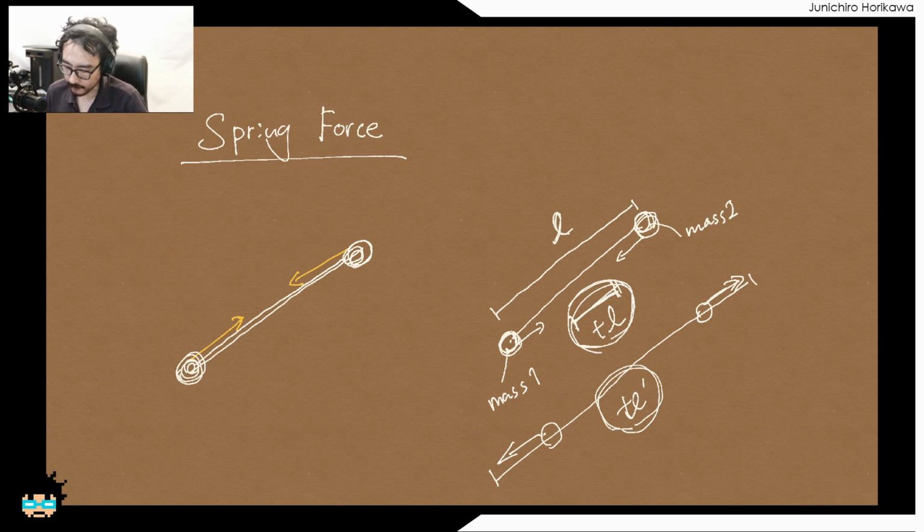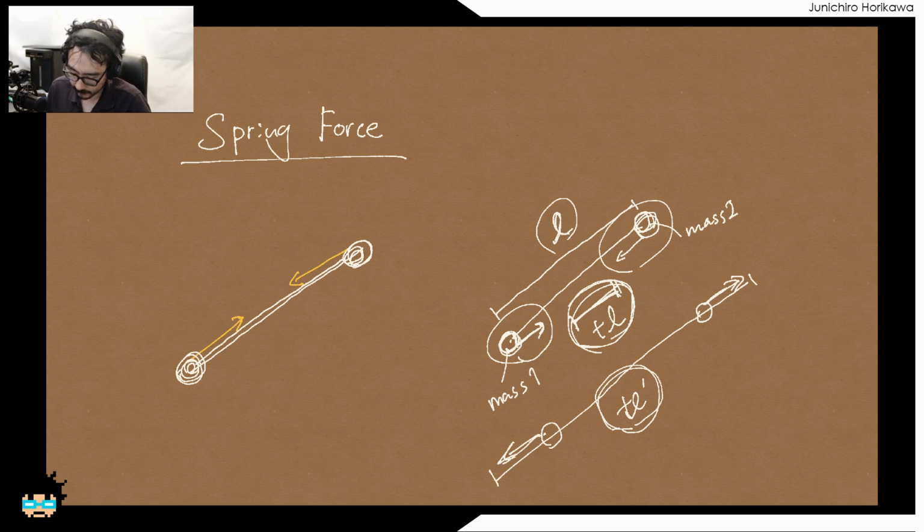As you can see, for each line we need to calculate two vector values, one for object 1 and one for object 2. Based on the target length and the current length, it could be going inward or outward.